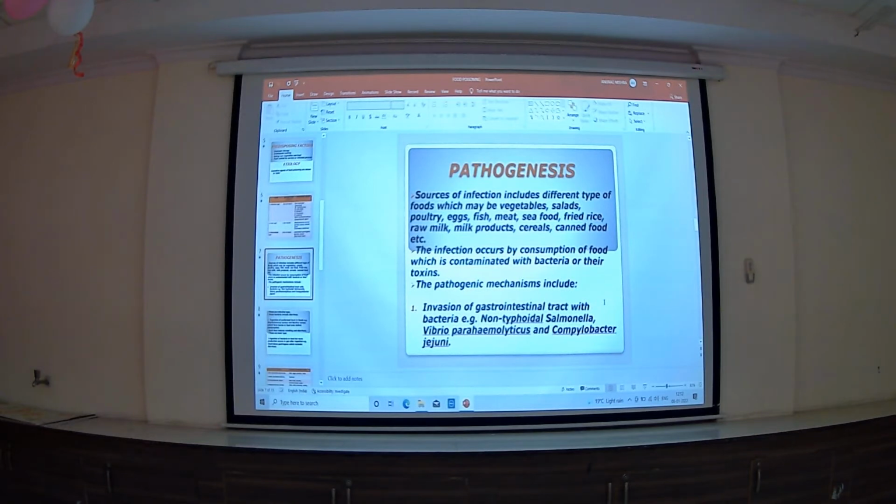In intermediate type, the organisms responsible are Clostridium perfringens, Bacillus cereus, especially the diarrheal type.